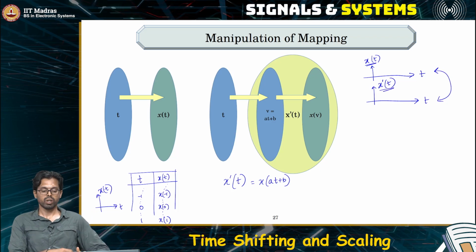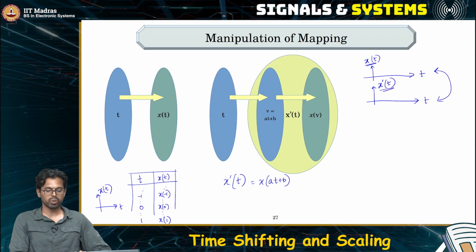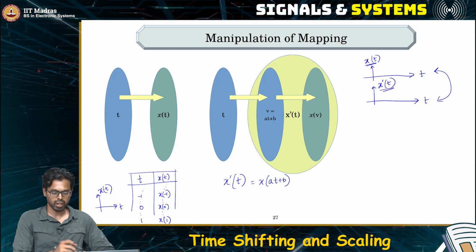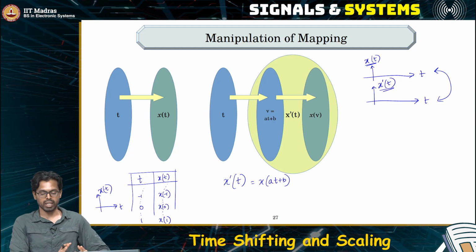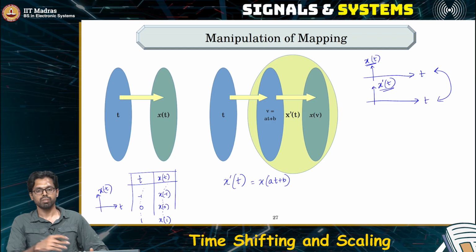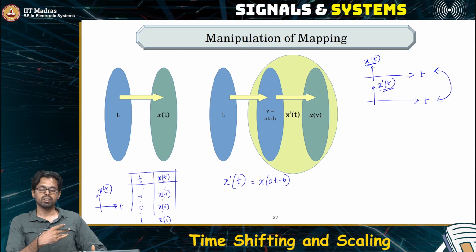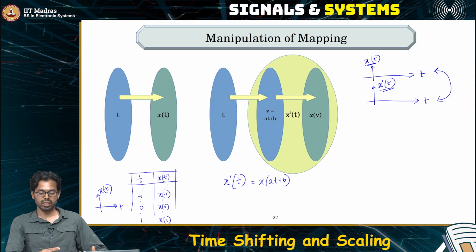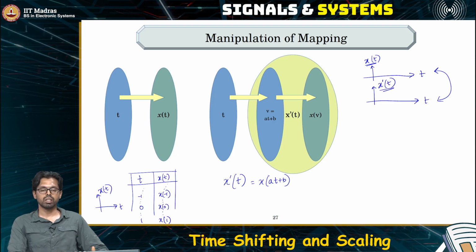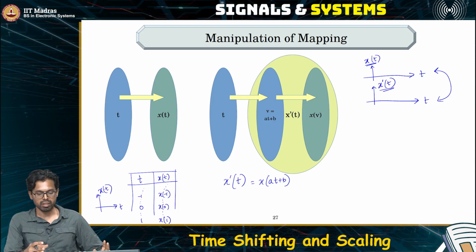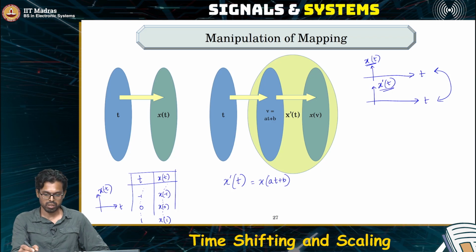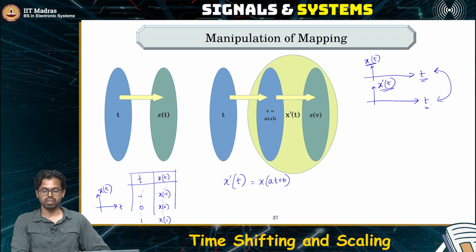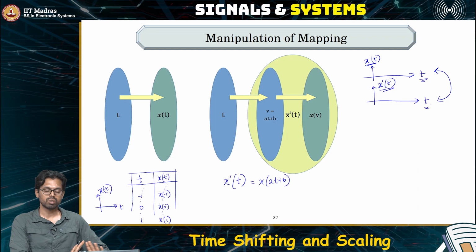So essentially you are constructing a new signal altogether by doing this manipulation of time scaling or time shifting. If you shift the time, it is almost as good as constructing a new signal. If you are scaling the time, it is almost constructing a new signal. So the signal is different, the time remains the same. The x-axis in all these cases is invariant, it does not change.